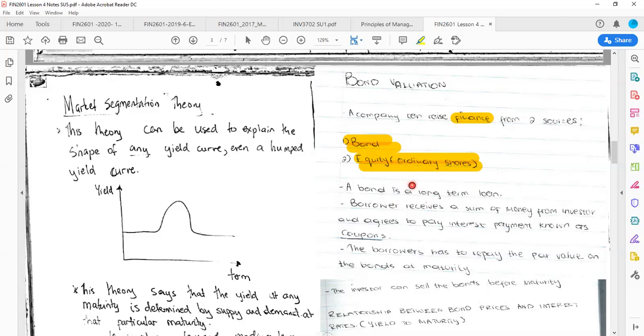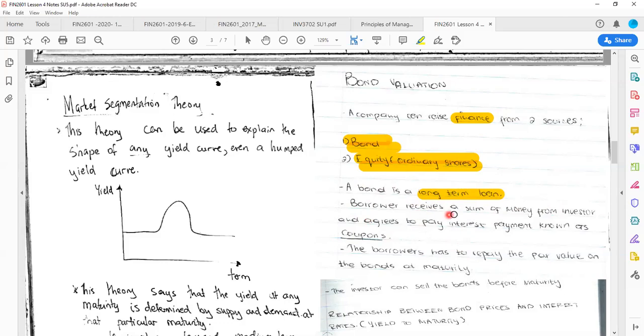So this bond that we've been talking about so far, when we were saying the term structure of interest rates or a yield curve just shows the cost of borrowing money for different years. This bond is just another name for a long-term loan. A bond is simply a long-term loan. And what happens with the bond is that borrowers receive a sum of money from the investor.